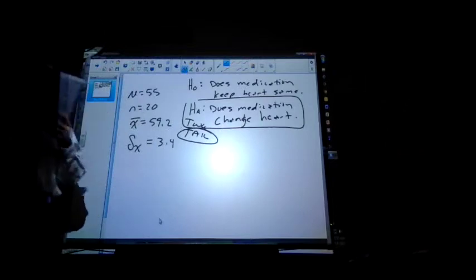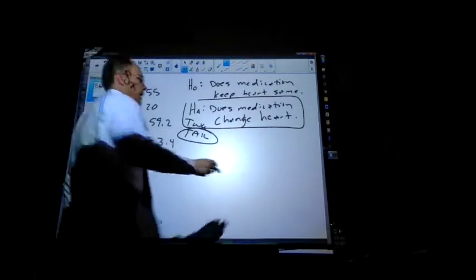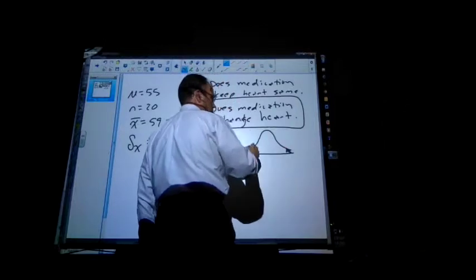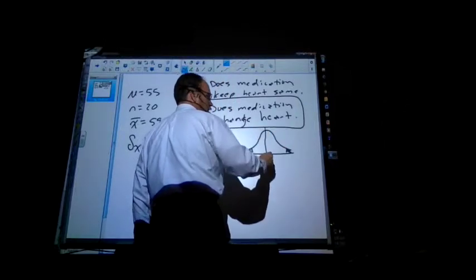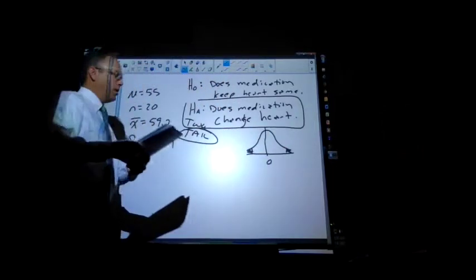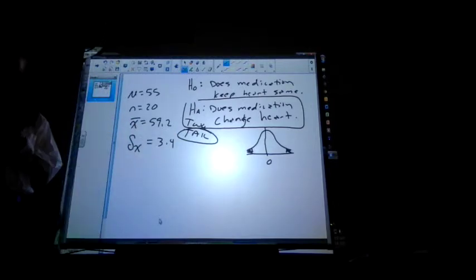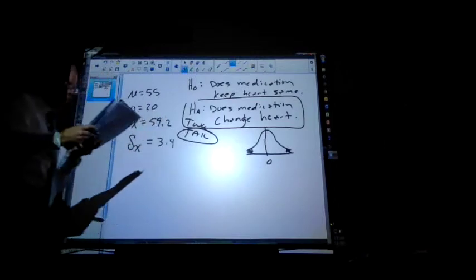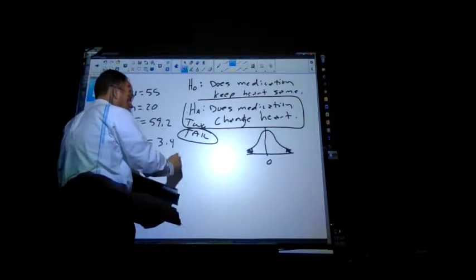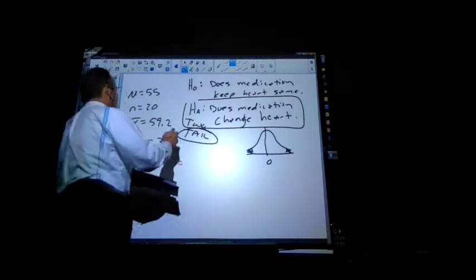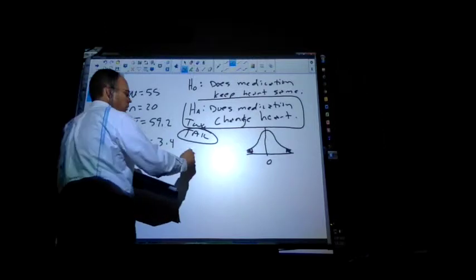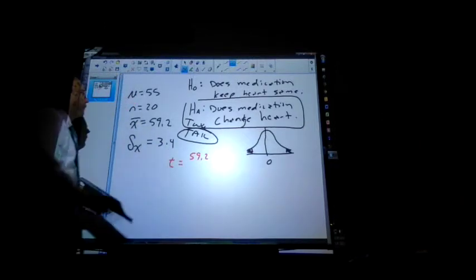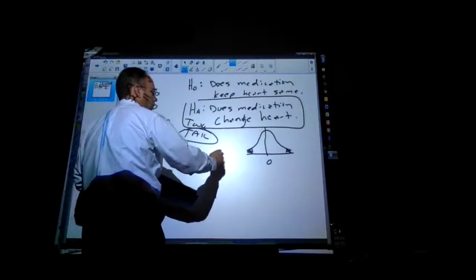Okay? And so what we're basically looking at with a picture is something that looks like this. Area over here, area over here. Yes, we do have our mean in the middle. I don't know what the standard deviations are going to be yet. I mean, I know it would be 1 and -1, but I need to figure out what my t-score is going to be. So my t-value, I'm going to take 59.2, my sample's average, and subtract the population mean.